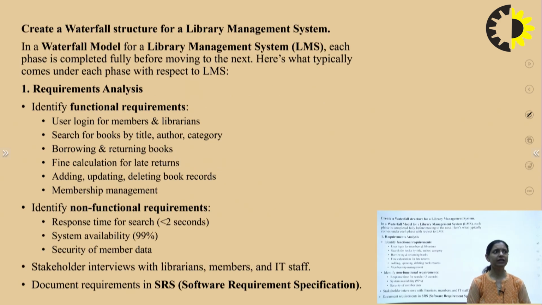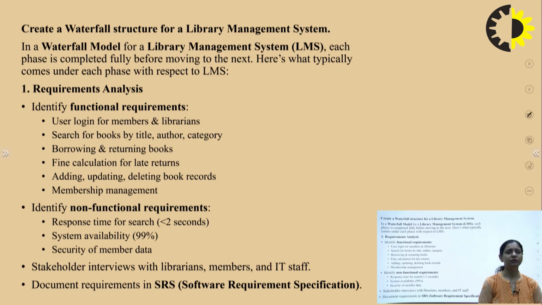So we have taken an example where we are creating a waterfall structure for the library management system. If we look into the library management system and we have to work on the waterfall model, that means all the requirements will be taken up at the requirement specification phase only, where the requirements are analyzed.